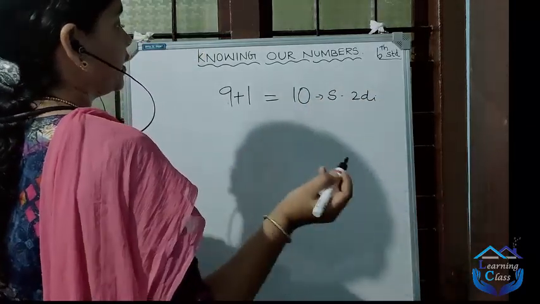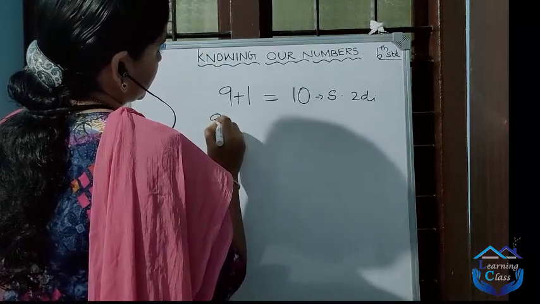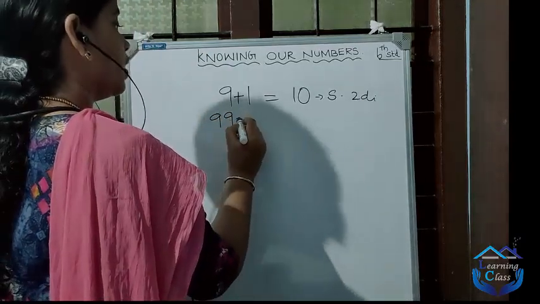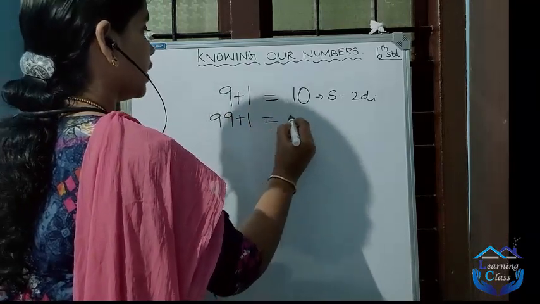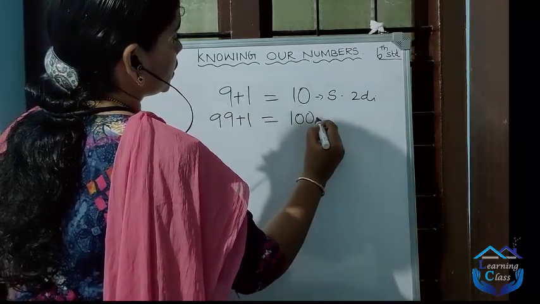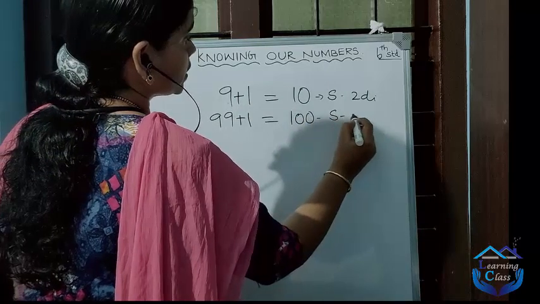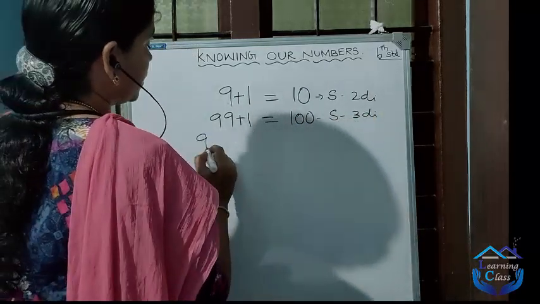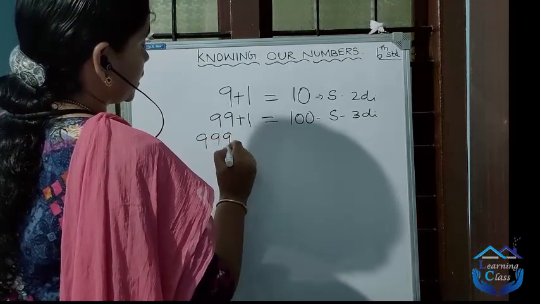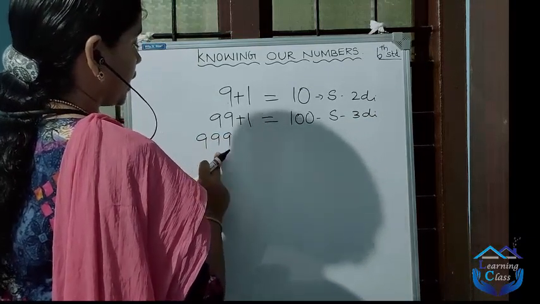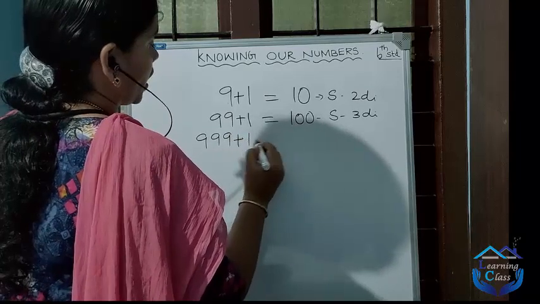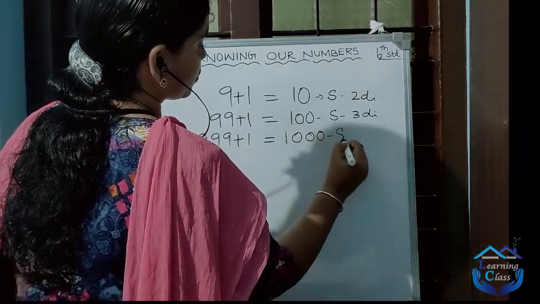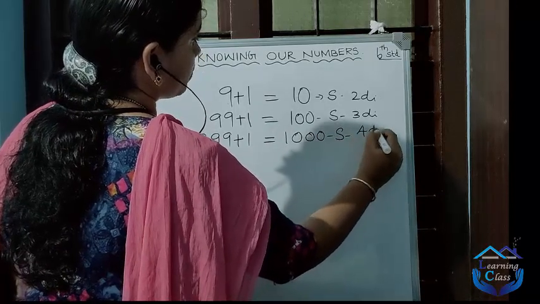Then the greatest two-digit number is 99. If we add 1 to this number, we get 100. This is the smallest three-digit number. The greatest three-digit number is 999. If we add 1, we get 1000. This is the smallest four-digit number.